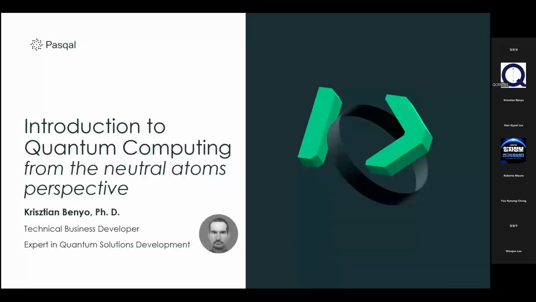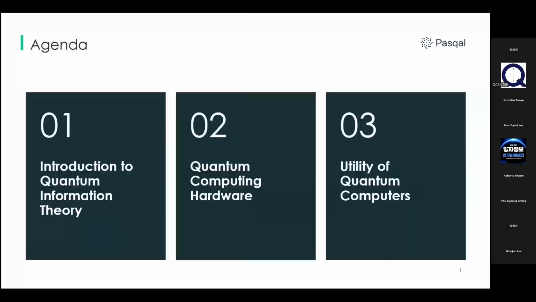For today's session, we have planned a general introduction and a quick overview on what quantum computing is and is not. And we are going to start our deep dive into neutral atoms type quantum computers in particular. For today's agenda, we have three main elements.